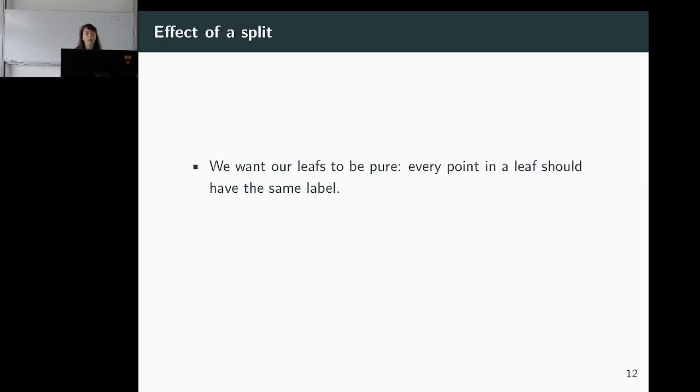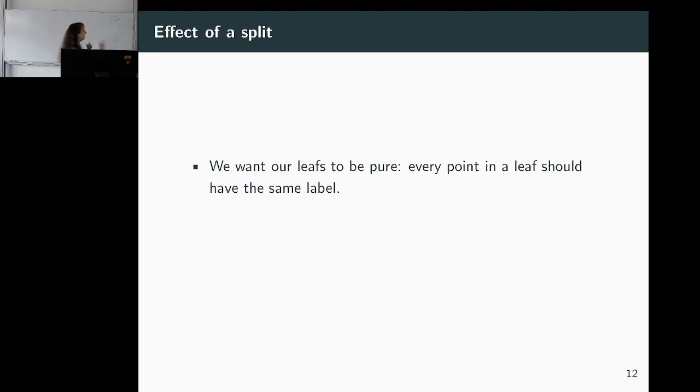So what is the effect of a split? In the end, we want to have pure leaves, so that only one label is present in all the examples there. That is ideally the case, though it's not always. Then, if our example falls into this leaf, we will most certainly say it has this label.